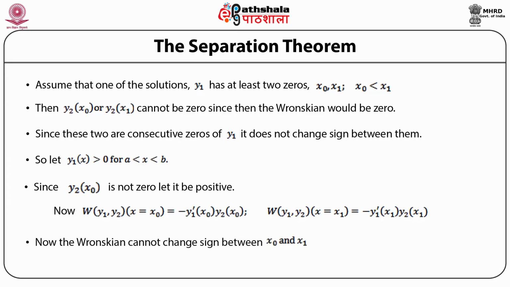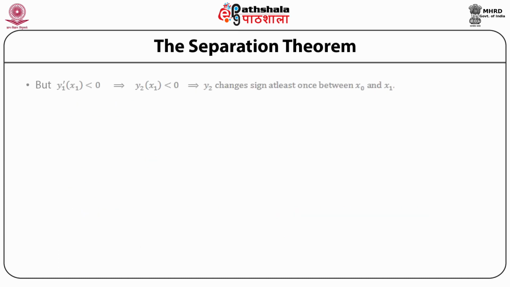Now, the Wronskian cannot change sign between x0 and x1, but y1 prime of x1 is less than 0. This implies that y2 of x1 is less than 0. Hence, y2 changes sign at least once between x0 and x1.